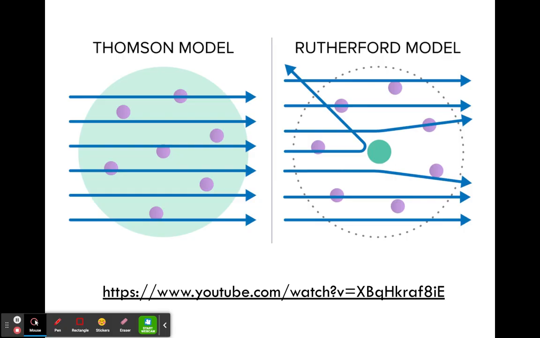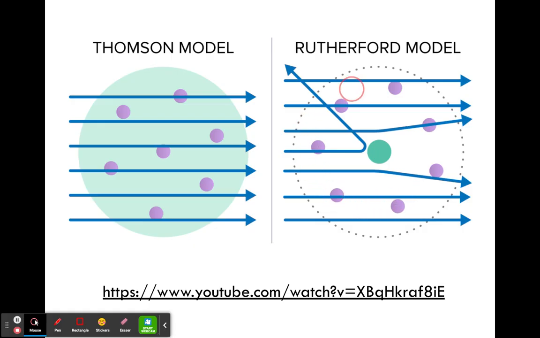And so his model, which is this model on the right, is the nuclear model. So he is the father of the nuclear model. It has a nucleus that is very dense and positive, and this is where almost 99% of the mass of the atom is located. And as you can see, the electrons are on the outside.